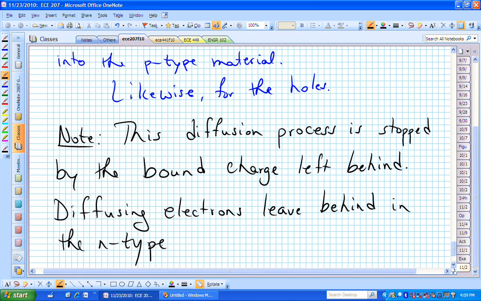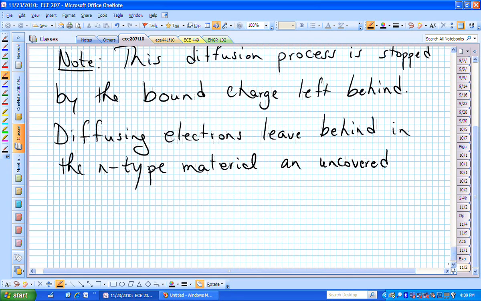Those diffusing electrons leave behind in the n-type material an uncovered positive charge that's not paired up with an electron.